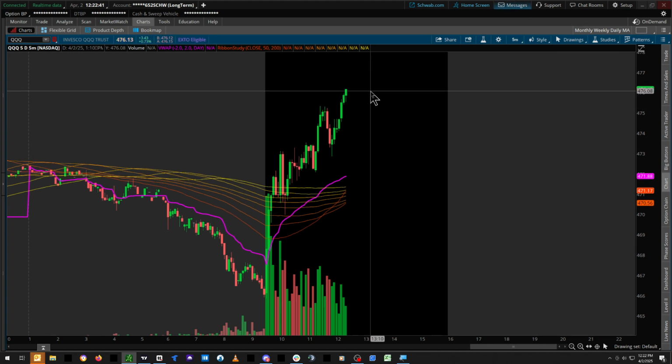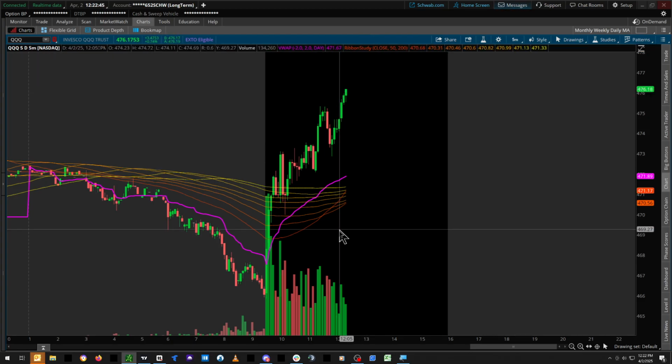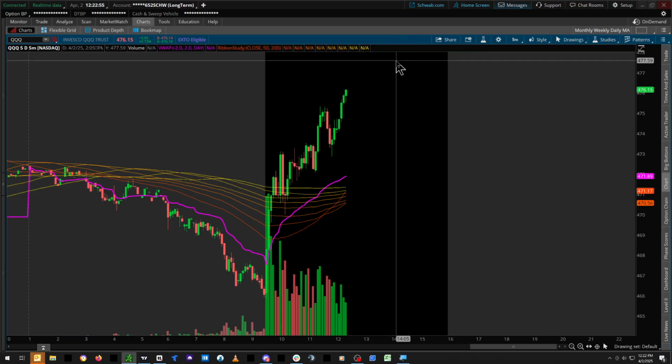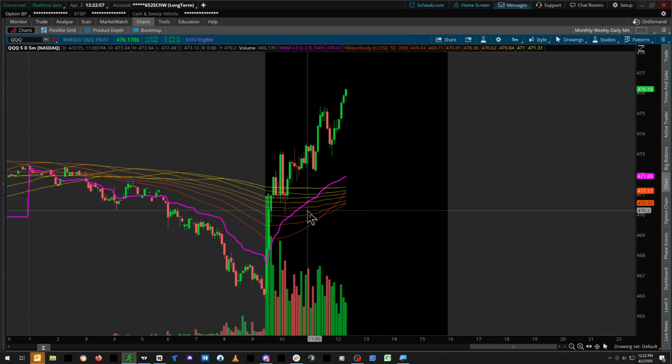There's a strategy based on it I've seen before. I'll have to see if I can dig it up again. But it was quite interesting. But it had to do a lot with ribbon flipping. When you'd see the 13 flip over the 34, stuff like that. That would give you trading signals and so on. But at any rate, yeah. All this, again, if you understand it, if it works for you, fine.